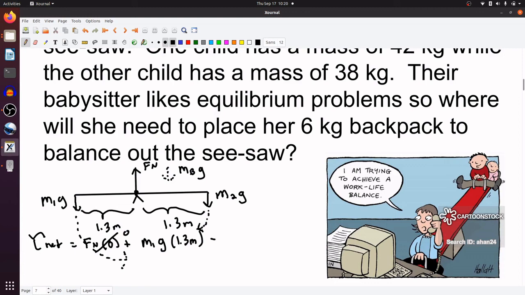So I'm going to subtract M2G times its lever arm of 1.3. Okay. And then we don't know, and we simply add it because it will come out to be the correct sign later on, but we simply add MBG, and we don't know its lever arm, so I'm just going to call it L for now because that's what we're actually solving for.